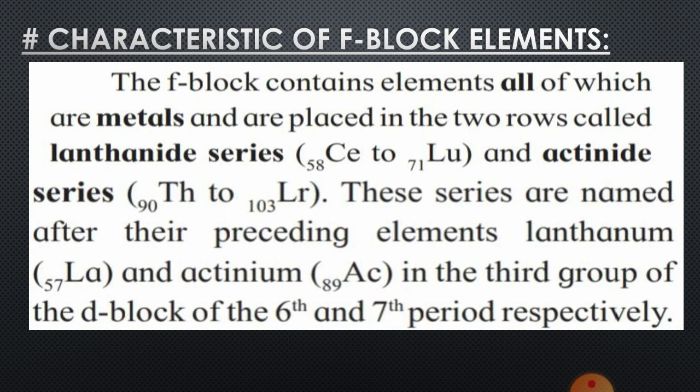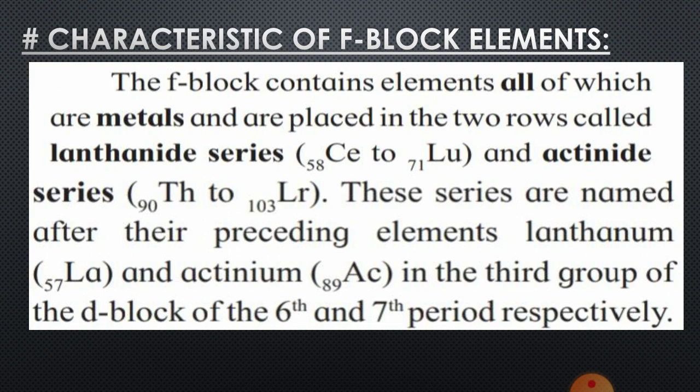What are those two rows? Those two rows are the lanthanide series and actinide series, from the element cerium to lutetium and so on. There are two series, the lanthanide series and the actinide series, present at the bottom of the modern periodic table.